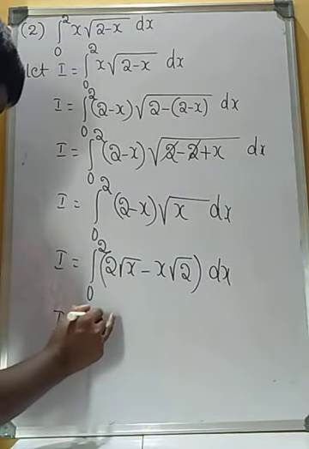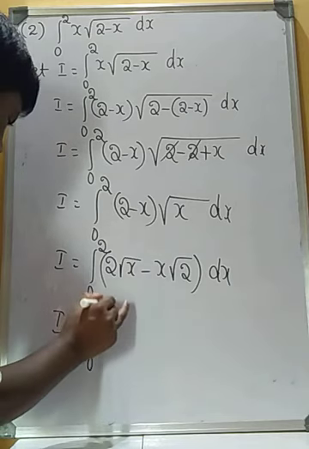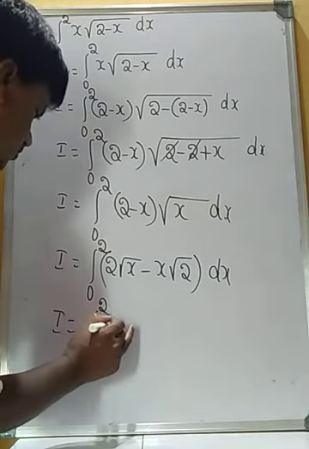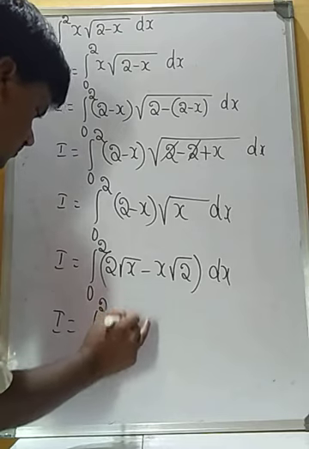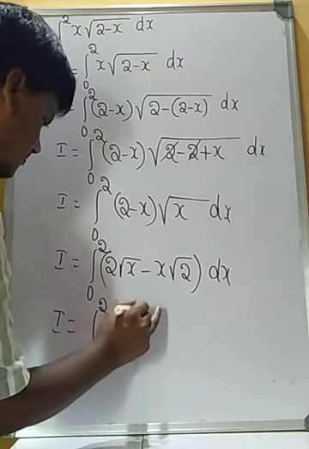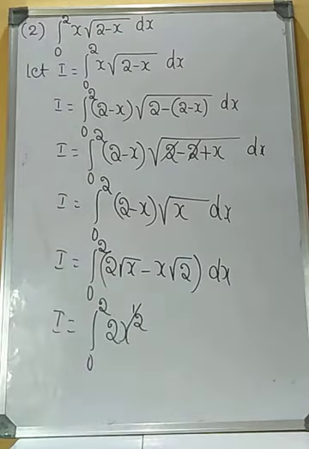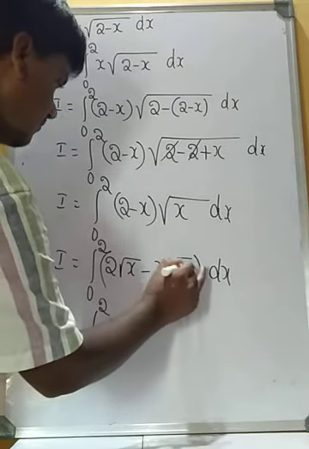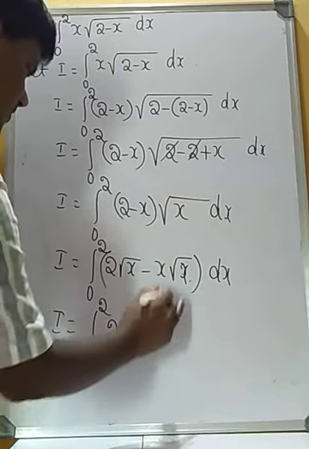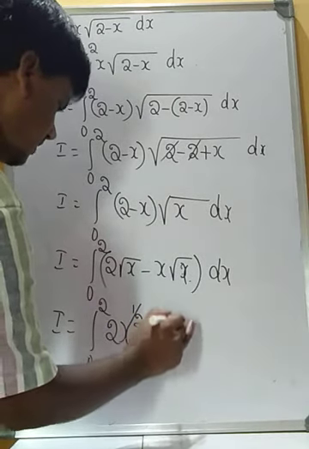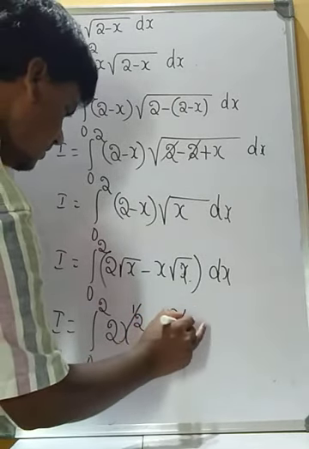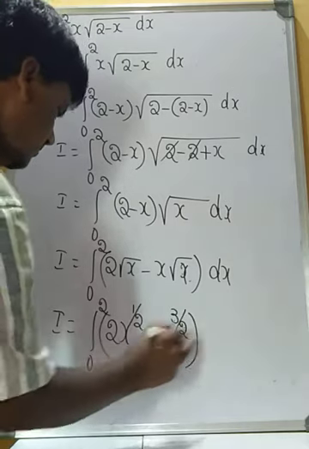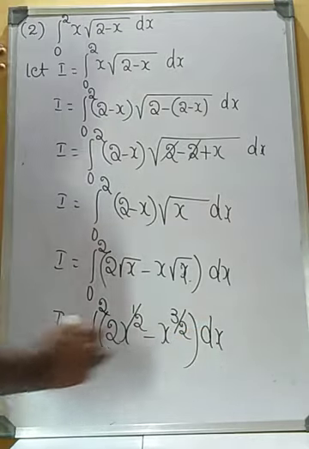Root x can be written as x to the power of 1 by 2 in exponent form, and x into x to the power of 1 by 2 can be written as x to the power of 3 by 2, into dx.